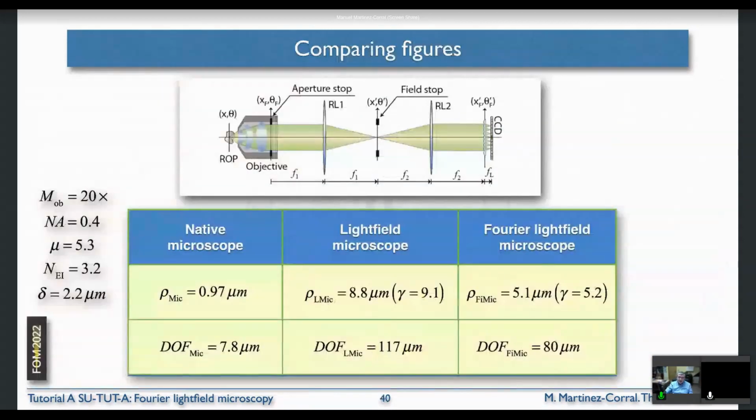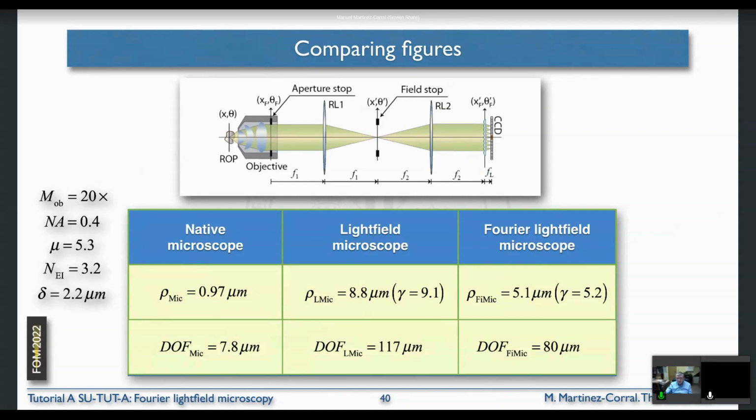And we can compare then with the previous system. This is the native microscope. I did the calculations before. This is the Lightfield microscope. I think these are the calculations I showed before. And this is the Fourier Lightfield microscope.